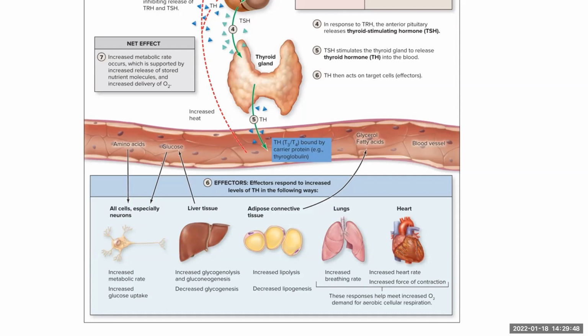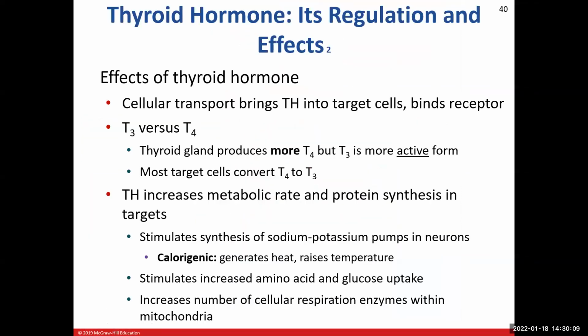Stress, exercise. The tissues, our cells, demand more oxygen if you're exercising. So how do we get more oxygen out to those tissues? We get more blood to those tissues. So we're going to increase our heart rate and the force of contraction. And you're going to learn all that fun stuff in some of the upcoming chapters.